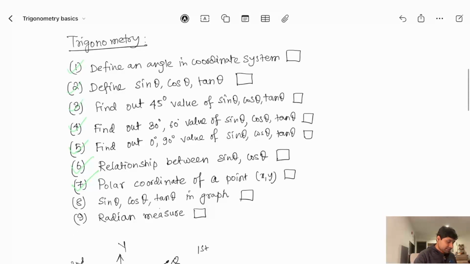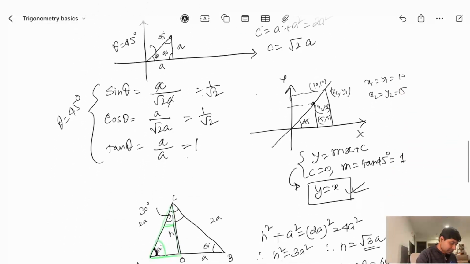Before that, we already know the values of sine, cos and tan when theta is in the range 0 to 90, but we did not discover the other quadrants, right? So we will be discovering the other quadrants, and then we can put everything in the graph. Let's explore that part.